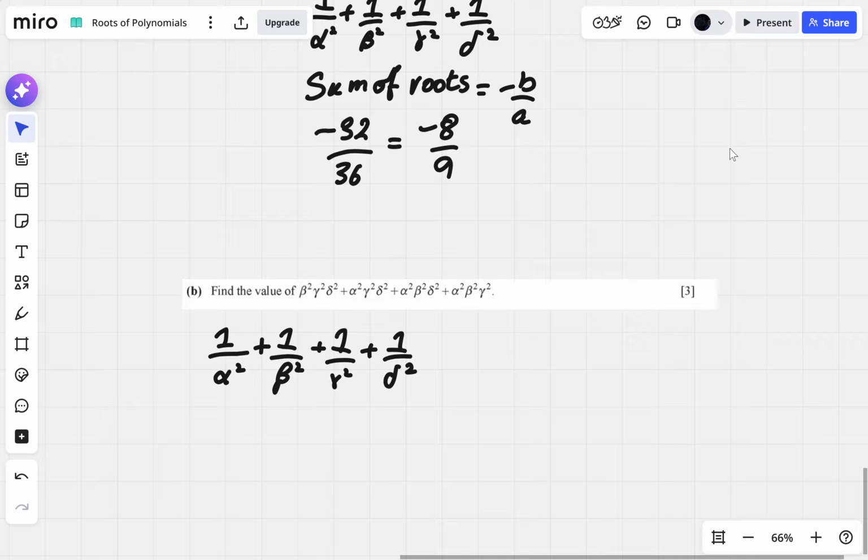So if we take the common denominator for all of these, that would just become alpha squared, beta squared, and then gamma squared. Yes, gamma squared. We do not have a delta. My bad. Let me just get rid of that.